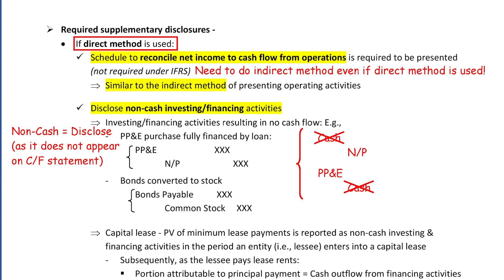This would have appeared on the cash flow statement, but you don't have cash here. So put a cross around cash on the first journal entry and on the second journal entry. So you have PP&E financed directly and entirely by the note payable, by the loan. So you have PP&E debit and note payable credit, no cash account here, and hence it does not appear on the cash flow statement. You're required to present this on a separate schedule of non-cash investing and financing activities.